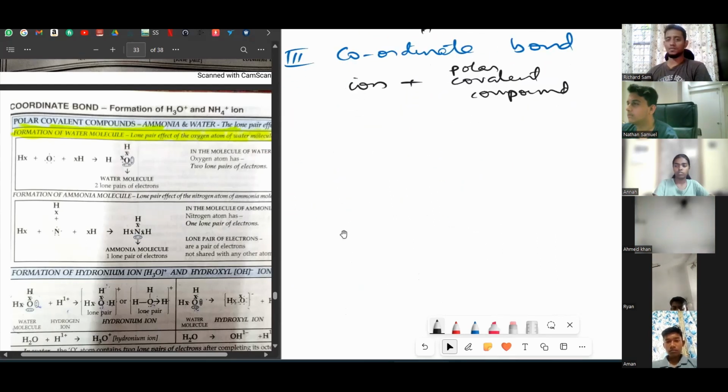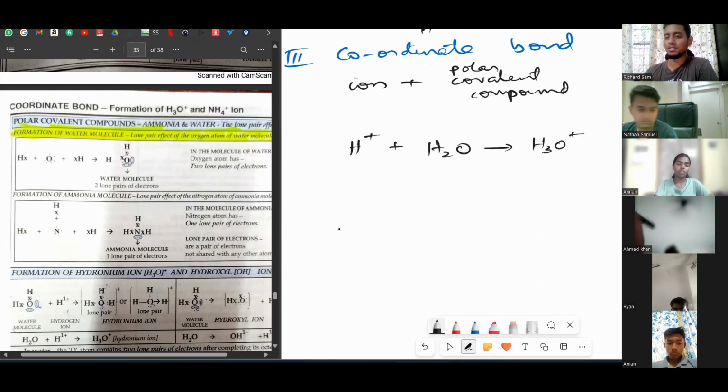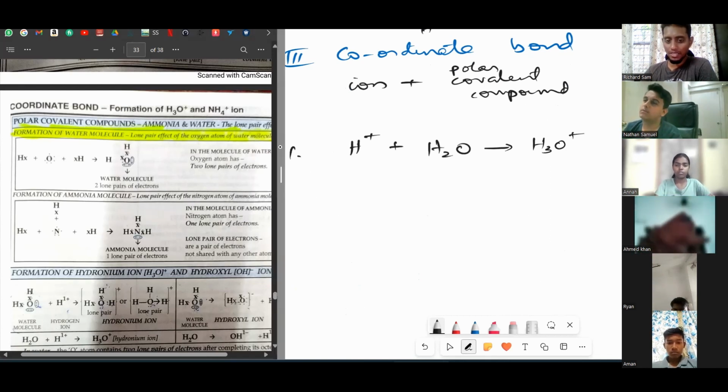Okay, so let's first see the first polar covalent compound, which is H2O. Now the ion that joins with this is H plus. So when H plus joins with H2O, what do you get? H3O plus. The second example is of hydrogen again joining with the other polar covalent compound. What is that? Ammonia, NH3.